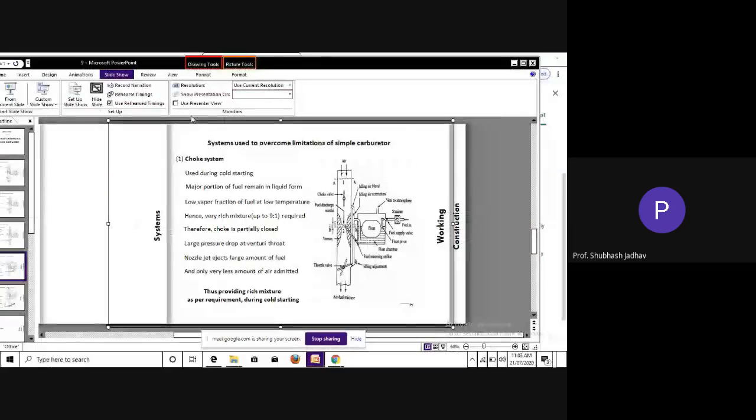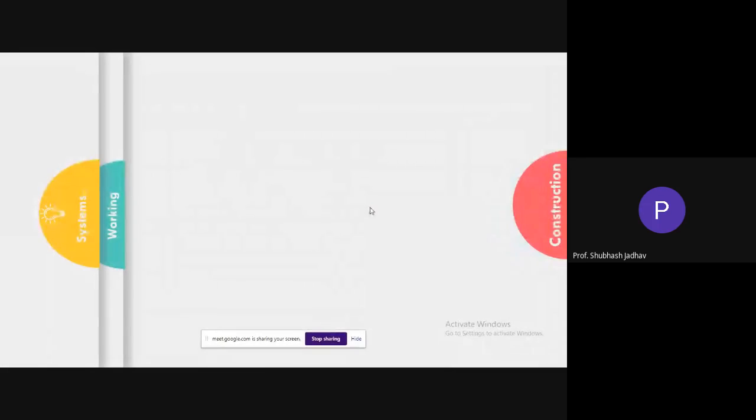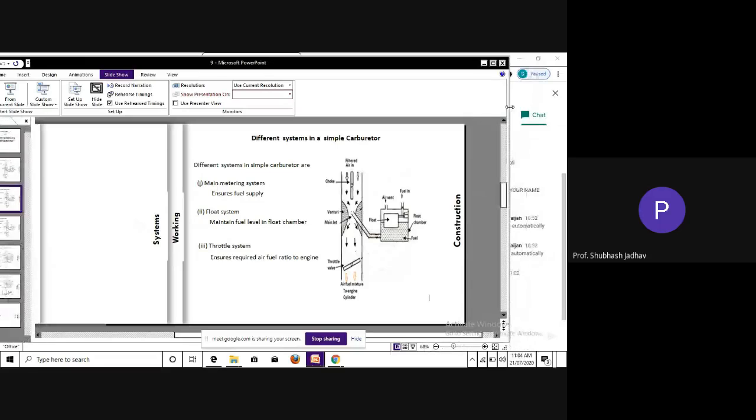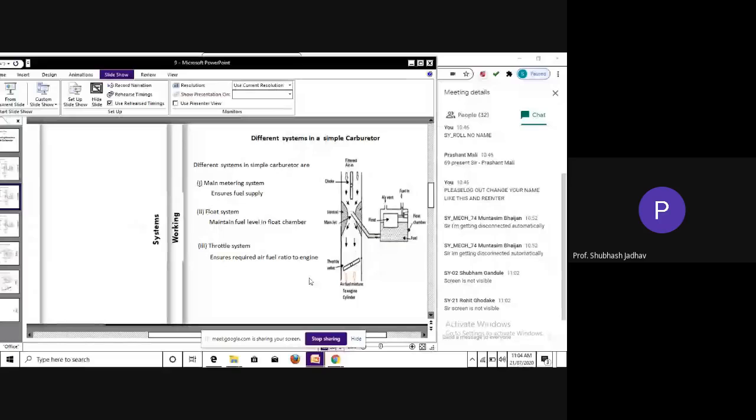But see, I'm checking on my mobile and it is visible. Simultaneously, I'm checking on my mobile and it is visible now. Any problem now? No, sir. Yes, it is okay, I think. Is it okay? Yes, sir. Okay.